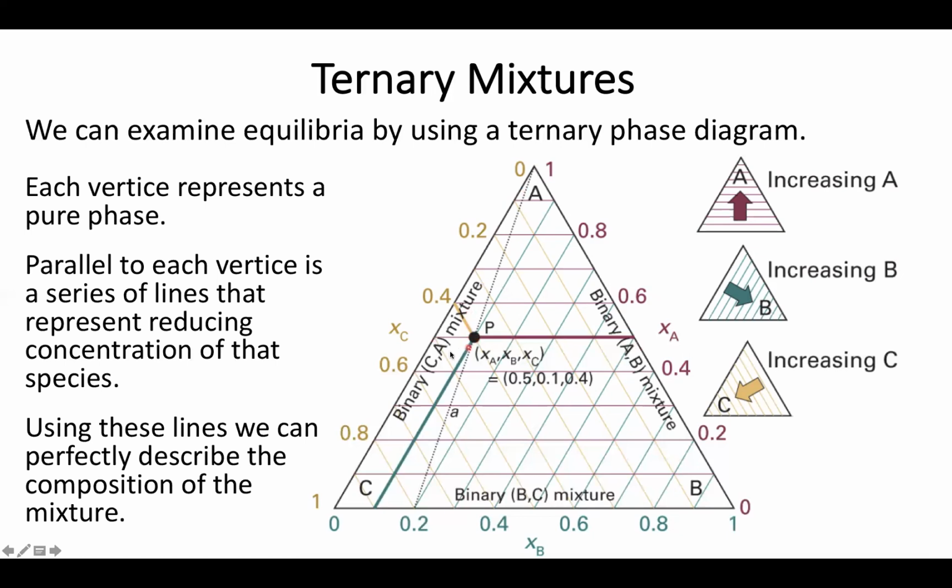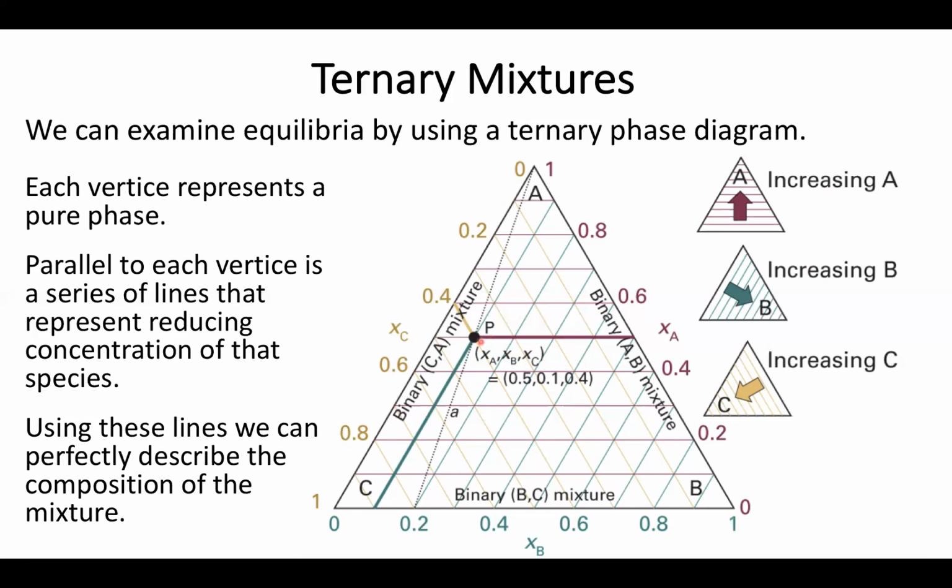So I'm going to find the lines that are parallel to the top and follow them to the right, at which point I've got 50% A. Then I'm going to look for the lines that are parallel to B, follow them to the right, 10% B, and then the lines that are opposite C, so that's going to be these ones, follow them to the right, and 40% C. And again, you can always double check that these add up to 1. If they don't, it's usually an indicator that you misread one of these diagrams and you can try again. And don't worry, it does take a while to get used to them.